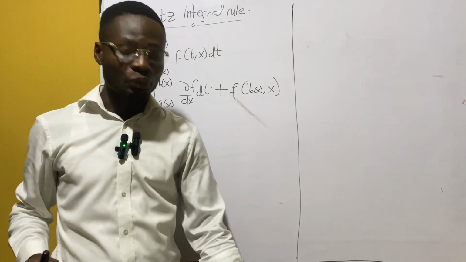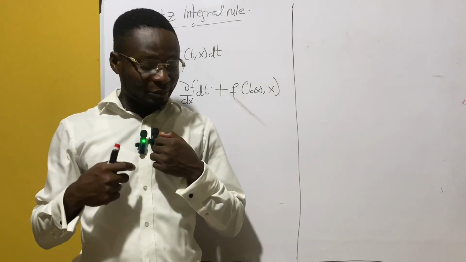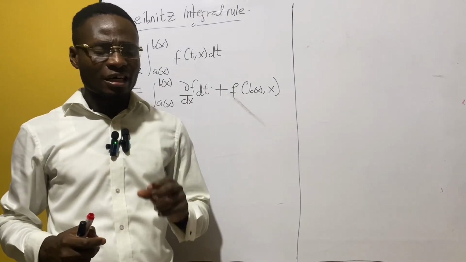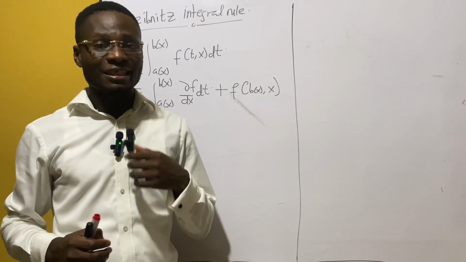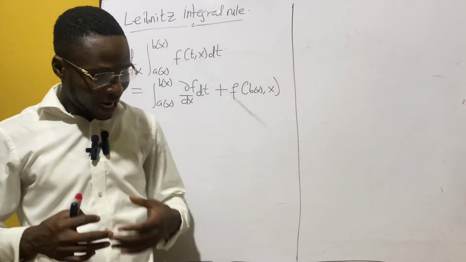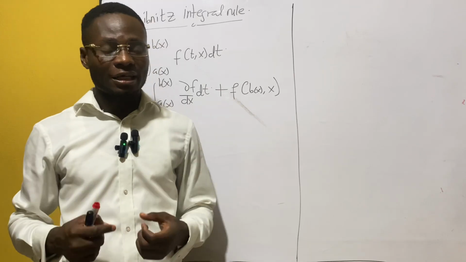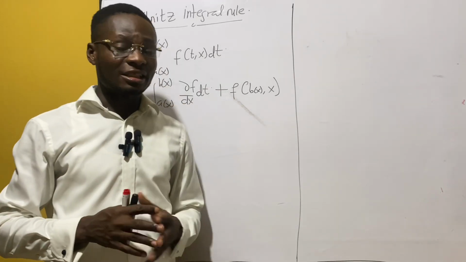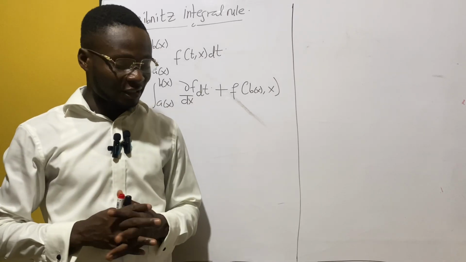In this episode, we are going to look at the Leibniz Integral Rule, or what we call differentiation under the integral sign, which combines differentiation and integration at the same time.